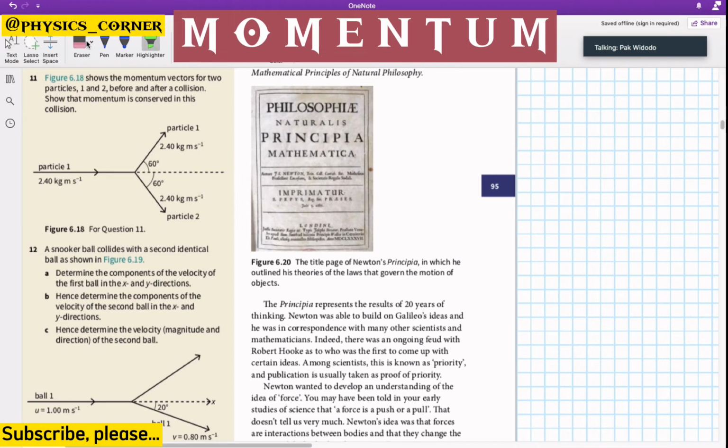We see question 11. Figure 6.18 shows the momentum vector for two particles 1 and 2 before and after collision. So the momentum is conserved in this collision. The particle breaks into two, 2.4 kilogram meter second minus 1.